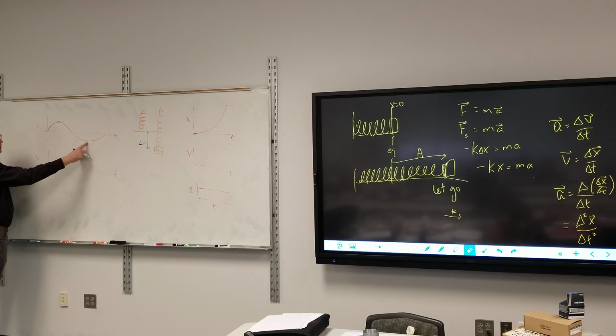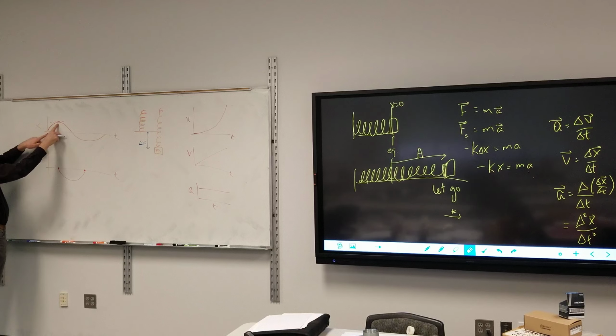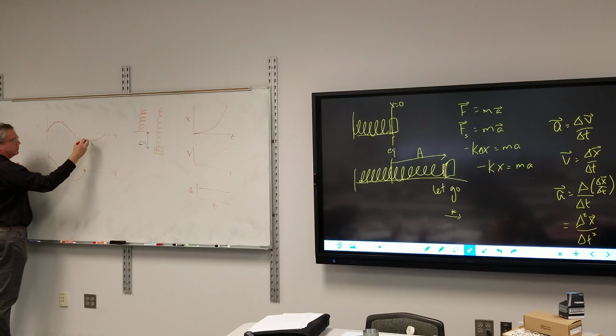And the slope here, also 0. And in between, positive or negative? Negative. Okay. And over here, positive. And here, no, it's going up, the slope is positive.